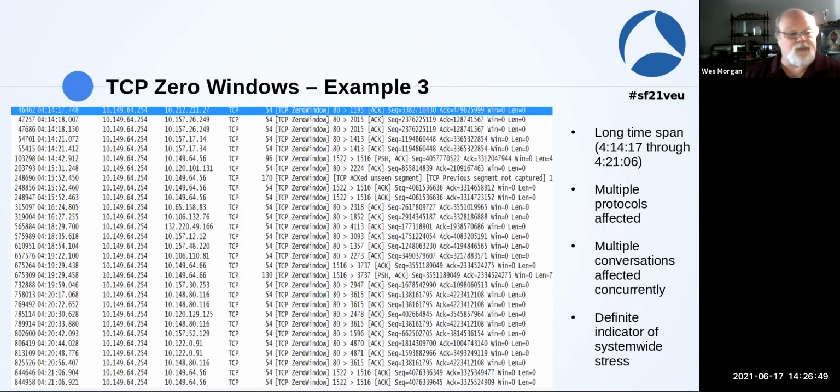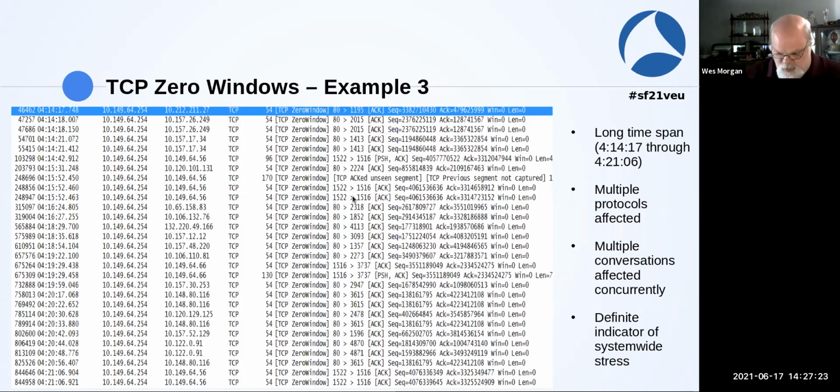You see that multiple protocols are affected, right? We have TCP Zero Window responses from the HTTP server, from a client process talking to a remote server, to a server process talking to other clients. So we have multiple protocols affected, multiple conversations affected at the same time.